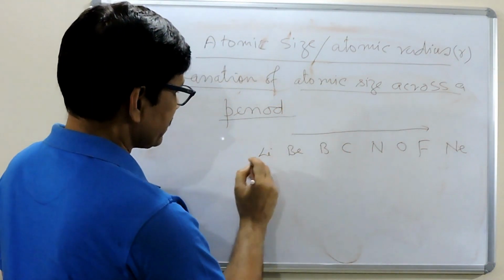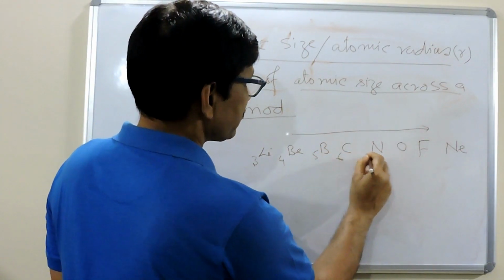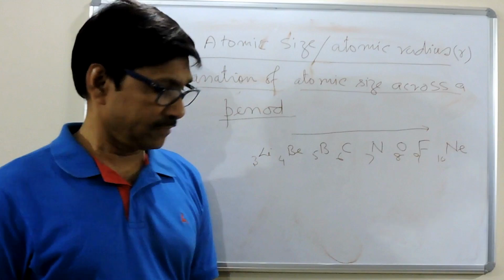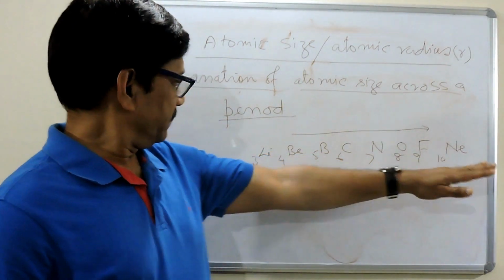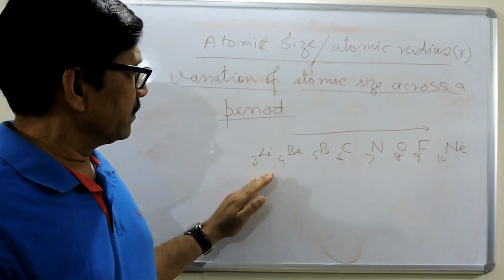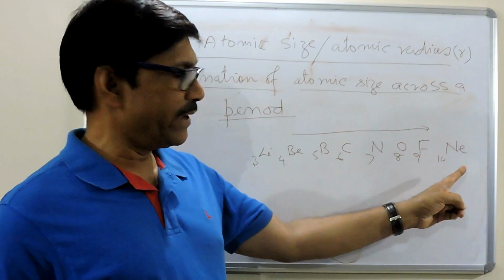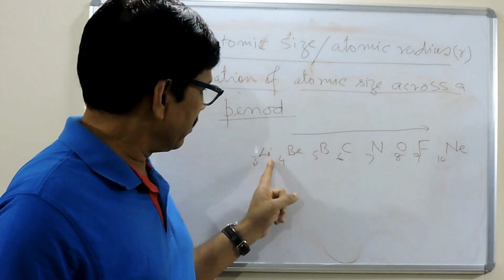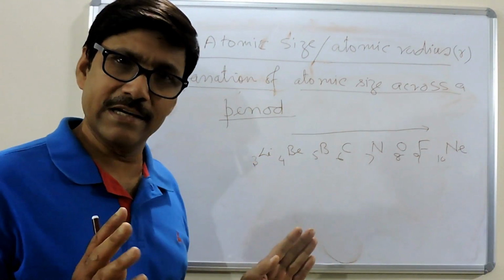The atomic numbers are 3, 4, 5, 6, 7, 8, 9, 10. Now for all these elements, the number of shells is the same. All these elements are in the second period, and so there are 2 shells for each element. So the number of shells is the same.